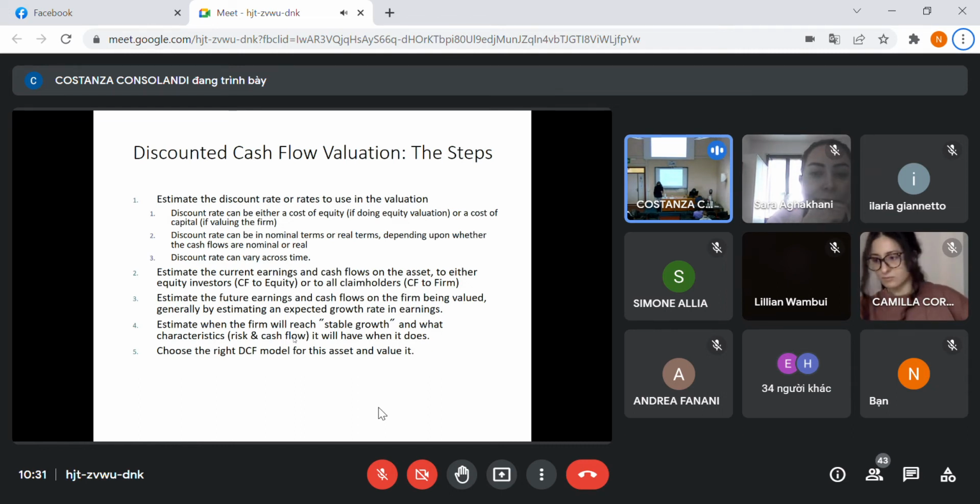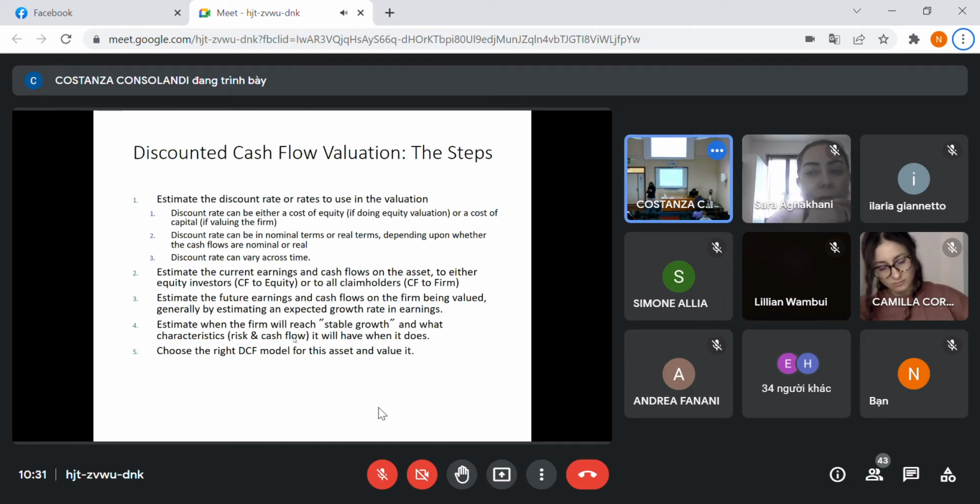I can assume that the mix of debt and equity could change over time, that the company will start today with a given capital structure, which is not considered optimal, and the company will tend to an optimal or a different capital structure. So if I change the capital structure, the WACC could change, okay, for example.